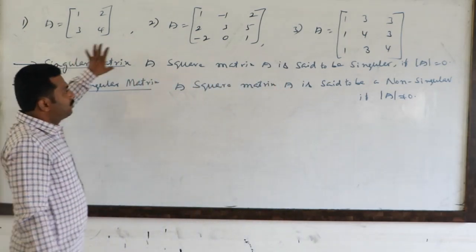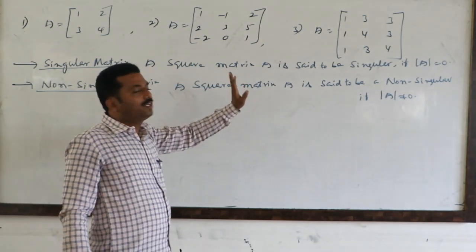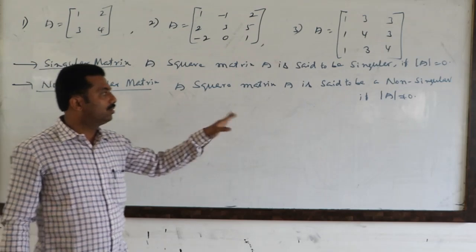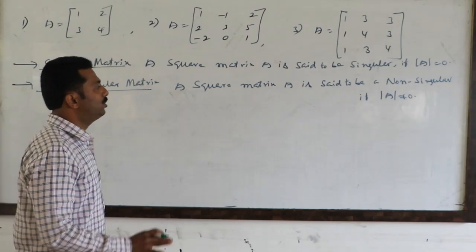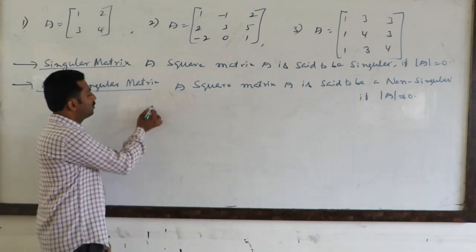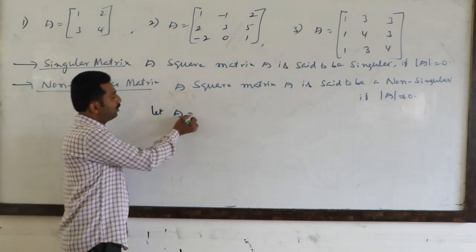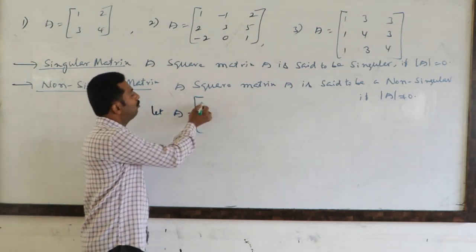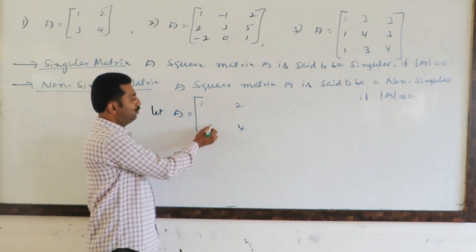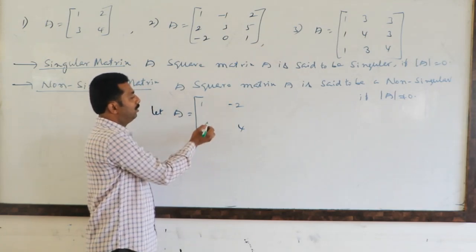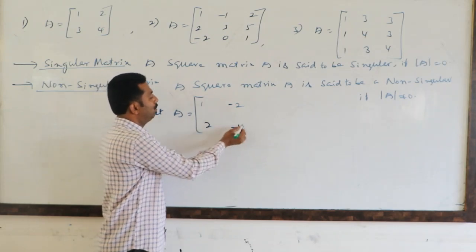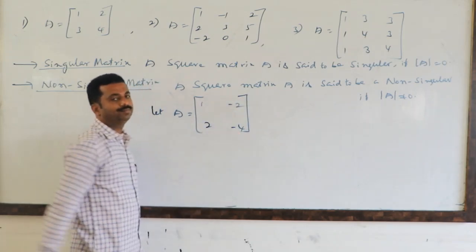One square matrix whose determinant is 0 means that is a singular matrix. A square matrix capital A whose determinant is not equal to 0 means that is a non-singular matrix. One simple example I am taking. Suppose A equal to 1, 2, 2, 4, you observe.